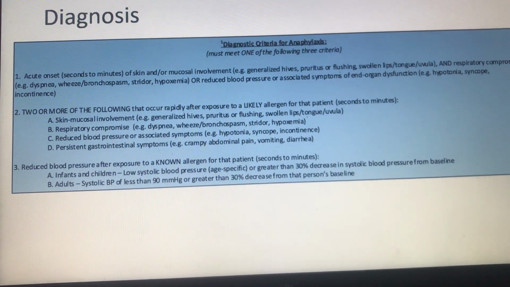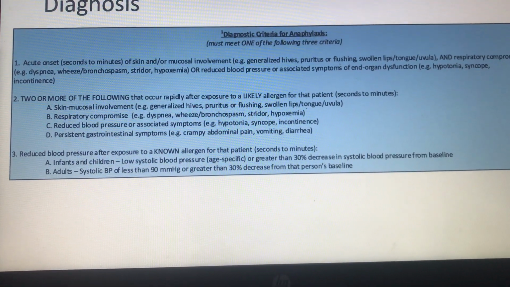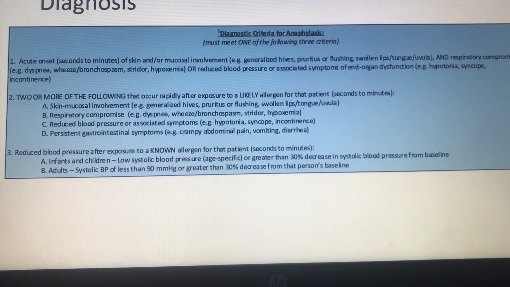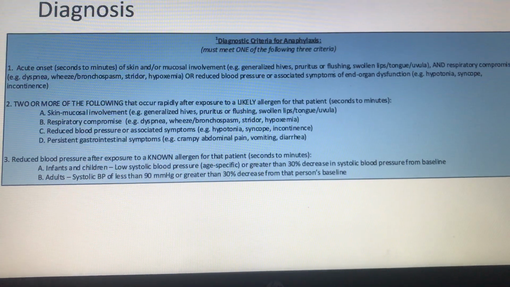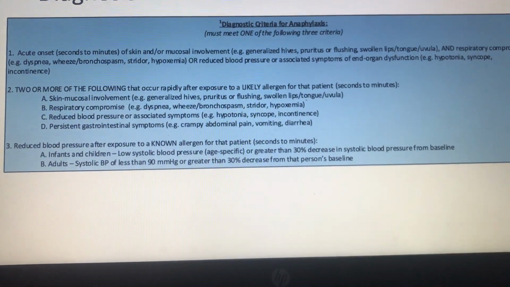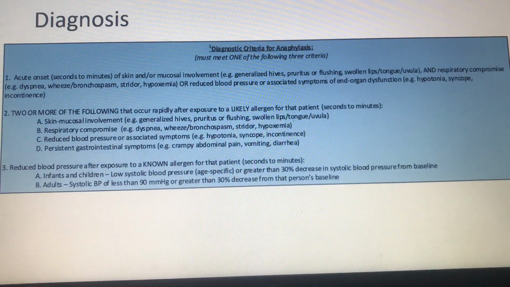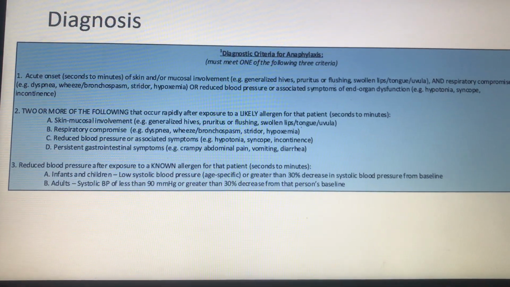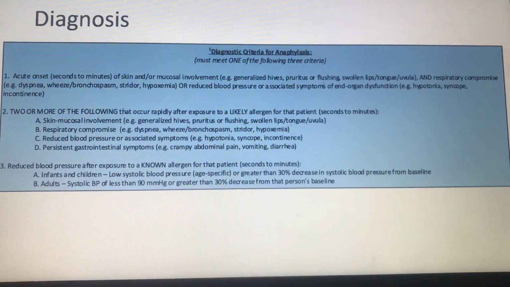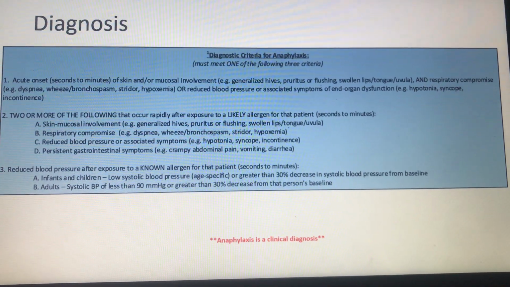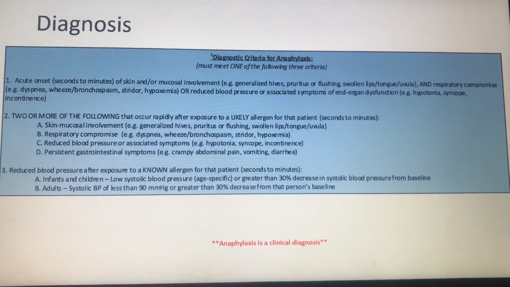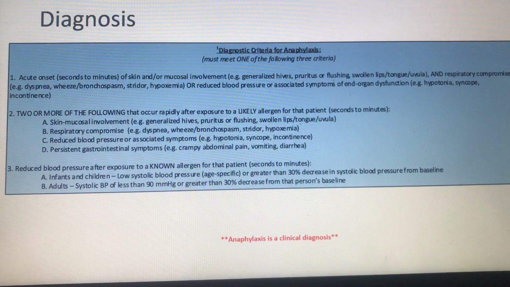But remember that low blood pressure after exposure to a known allergen in infants and children, like low systolic blood pressure, can be a marker of anaphylaxis. But remember in pediatrics, we have to plot the blood pressure to say whether it is hypertension or hypotension. Remember that anaphylaxis is a clinical diagnosis.